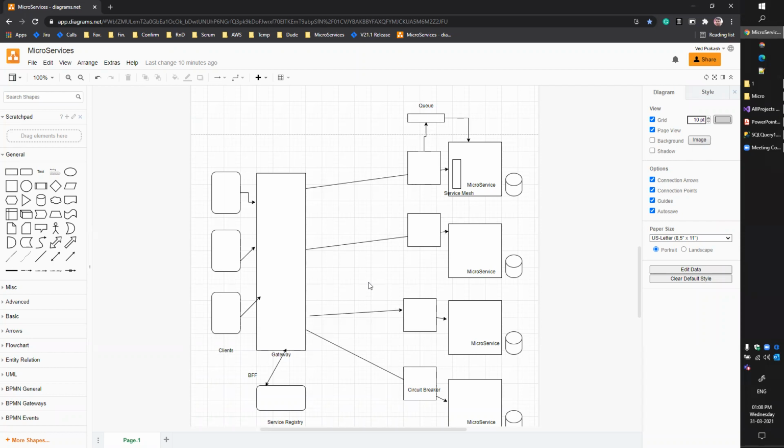No, this could be a problem. This could never be a problem in a monolith architecture, because if you are using a relational database, definitely there will be a lock at the time of purchasing, and no one can place an order at the same time. But there is a cost associated with it, because there is direct communication between your service and the database, and there is a lock on the table.